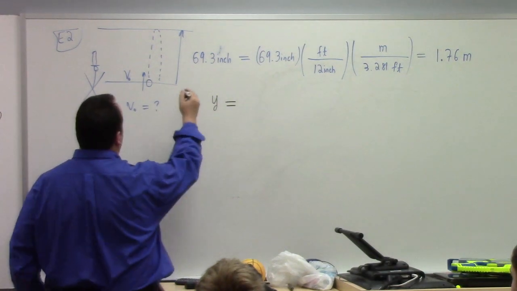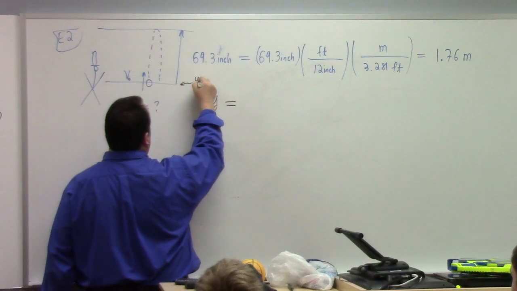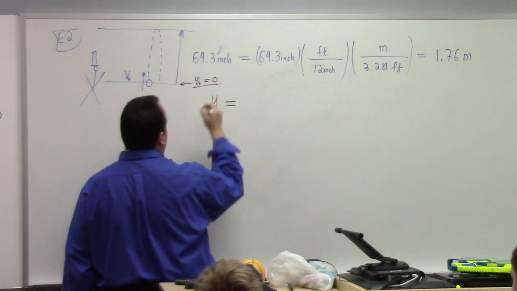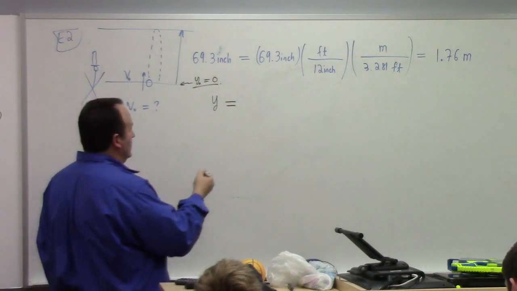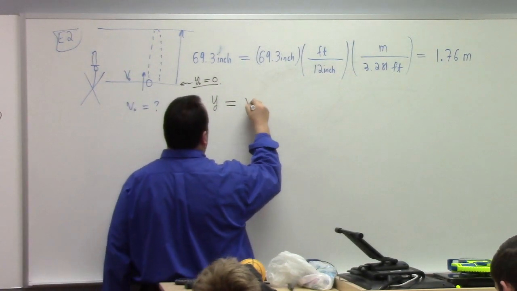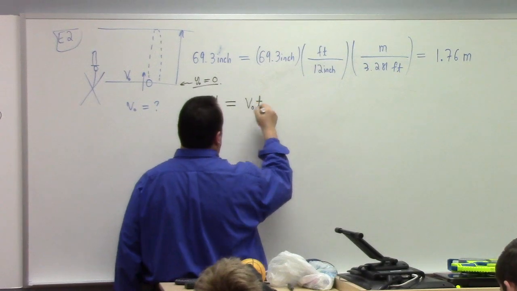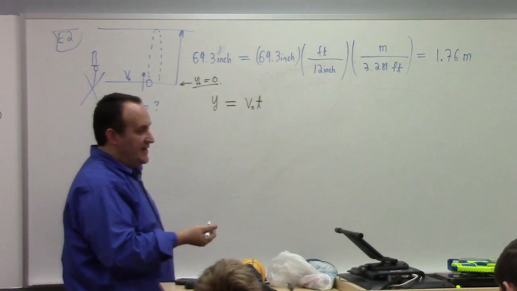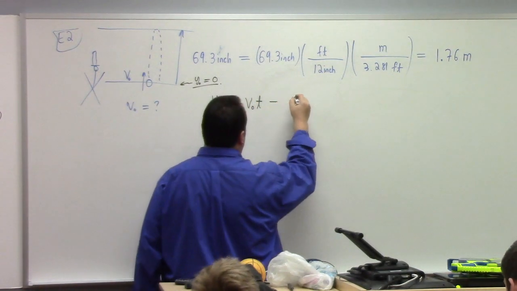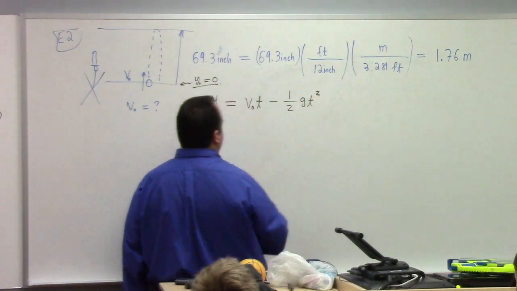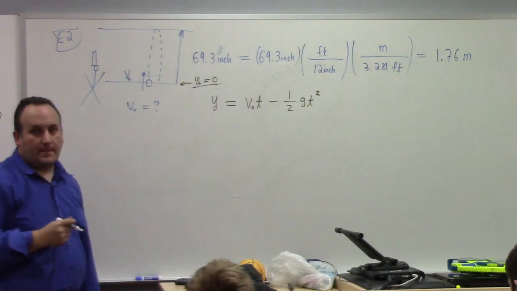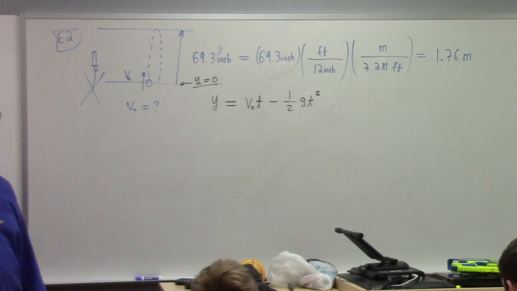So we're going to say that y sub 0 equals 0, just for the sake of making the formula easier. So we've got 0, and then we've got v0t. We don't know the v sub 0. We don't know the t yet. And then minus 1/2 gt squared. Right? Now, what else do we know?